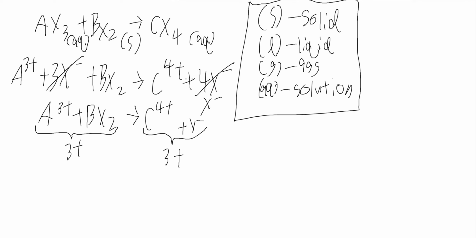And actually, you've already dealt with these in Unit 1. If you remember in your lab, you were asked to write a net ionic equation for the silver. A lot of you have actually come to me for that.